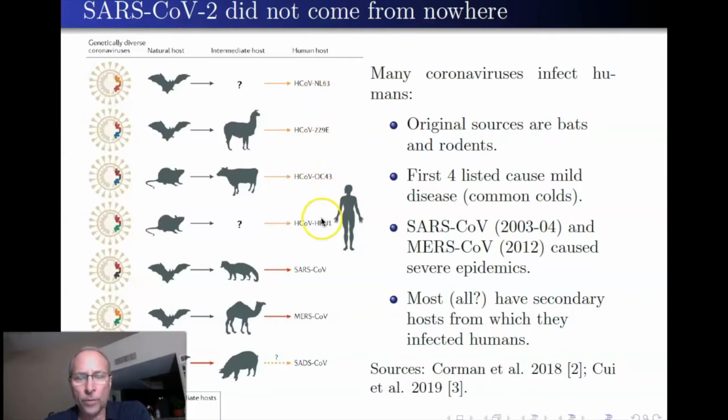These four have been in the human population for a long time, and they cause a disease which is quite mild, and literally it's one of the disease-causing organisms that causes the common cold. The other one being respiratory syncytial virus, and the most common one is a rhinovirus. So these are not necessarily dangerous, and they've been in the human population for a long time.